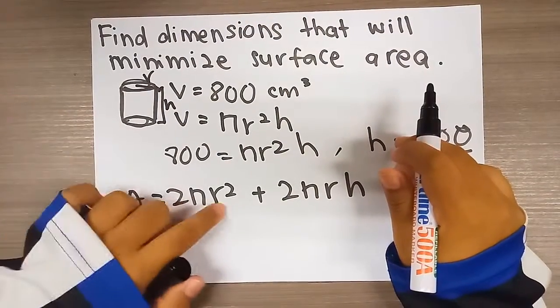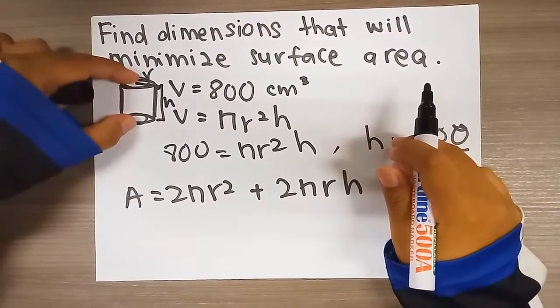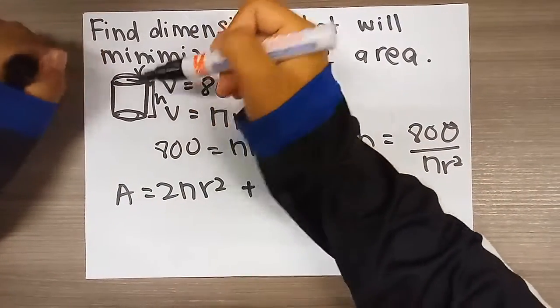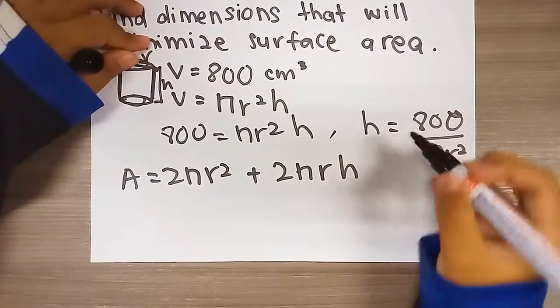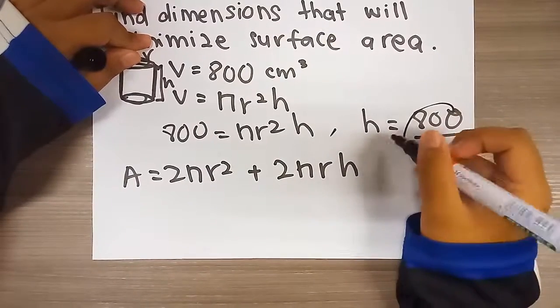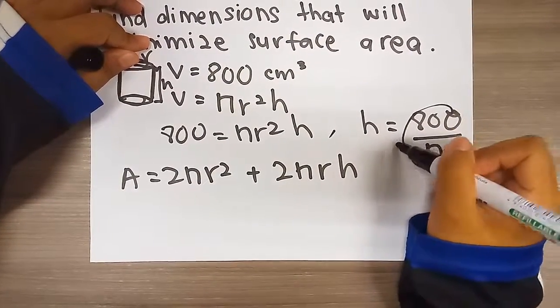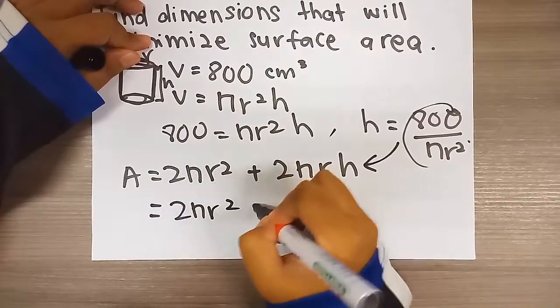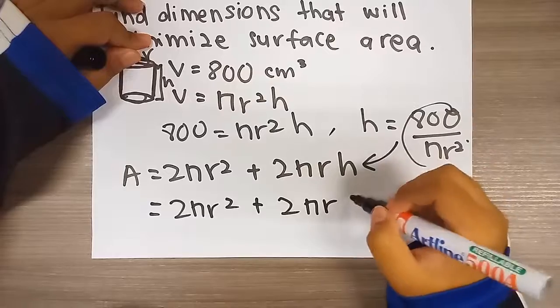So the 2πr² is the 2 circles over here, and 2πrh is the rectangle inside the cylinder. We have h here, so we can substitute the value of h, which gives us 2πr² plus 2πr.